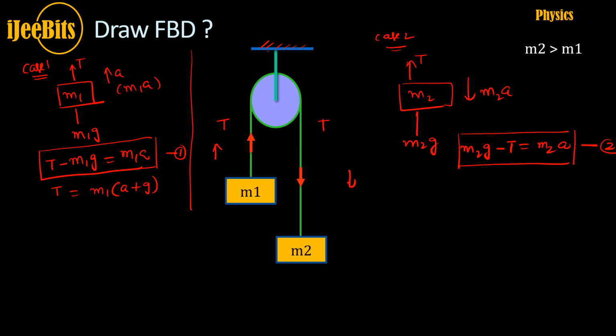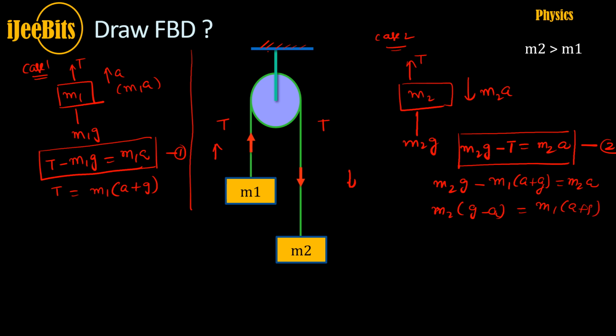So if we replace here, M2G minus M1 of A plus G equals M2A, and hence M2 blocks we can move. So M2 times G minus A equals how much? M2G, right? This block is going up, so M1 of A plus G.